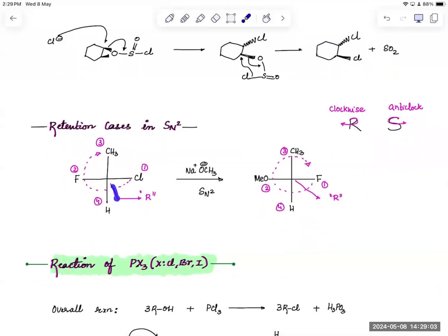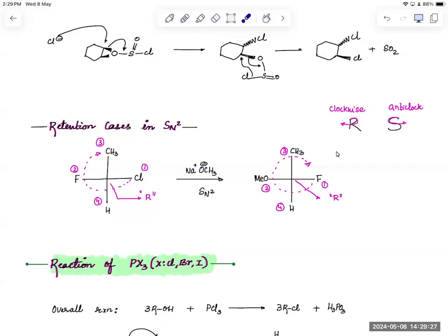So, like I said, you can see this is R configured. If you take CH3O minus, we have Cl, F, and CH3. Now see the point here. In a lot of cases we use the word inversion, always considering that the configuration is changed.